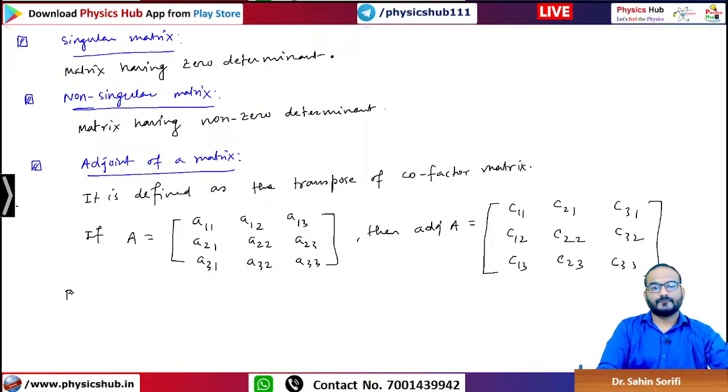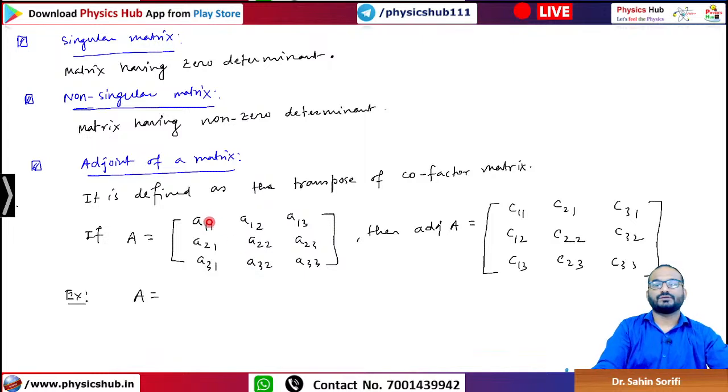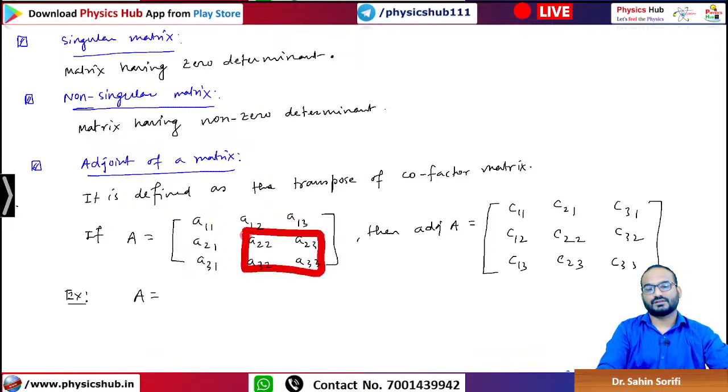Example, let's say a 3 by 3 matrix. How do you find the cofactor? Let's say you want the cofactor for A11. You remove this row and column and consider the determinant of the rest. But the sign for each cofactor will be different.